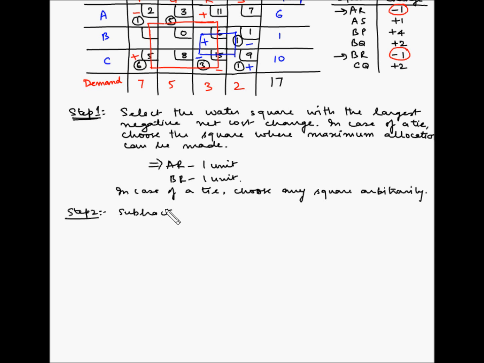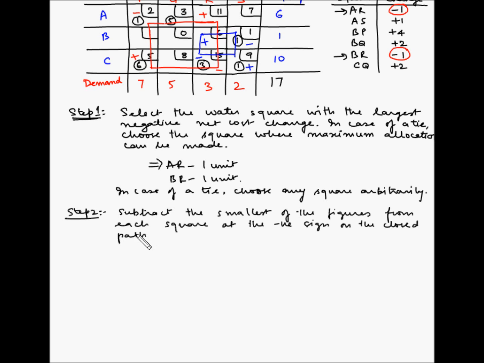So subtract the smallest of the figures from each square at the negative sign on the closed path and add to each square at the positive sign on the path.